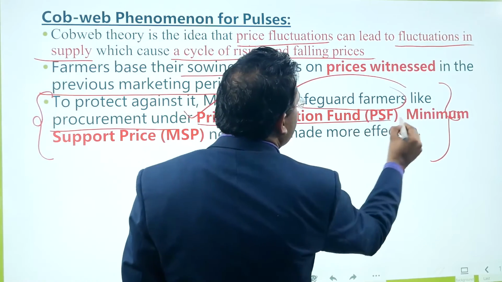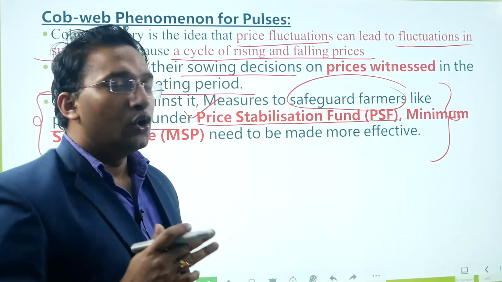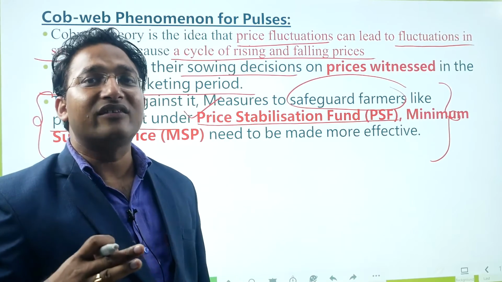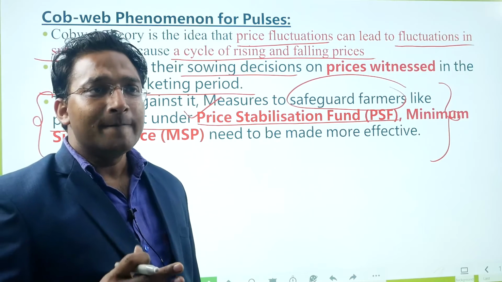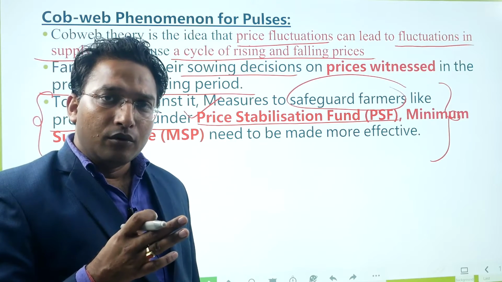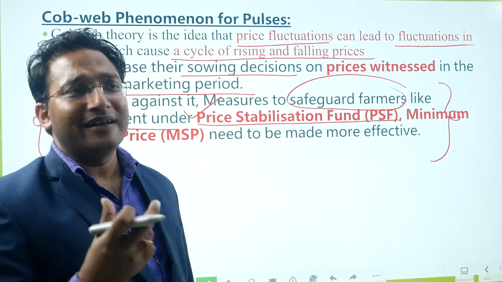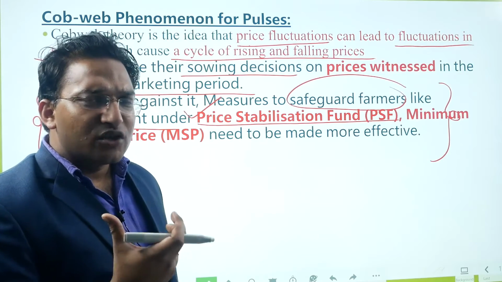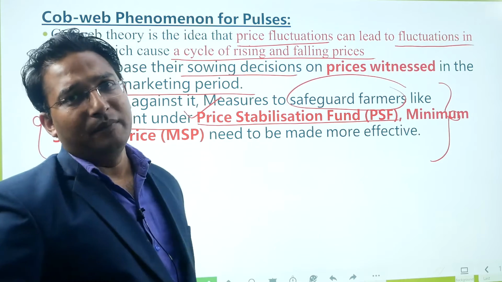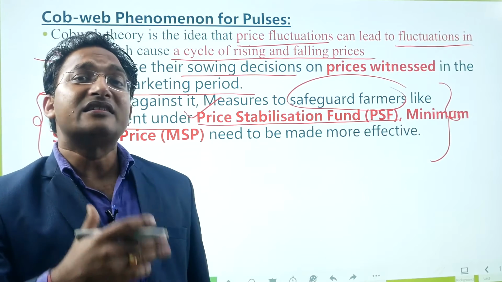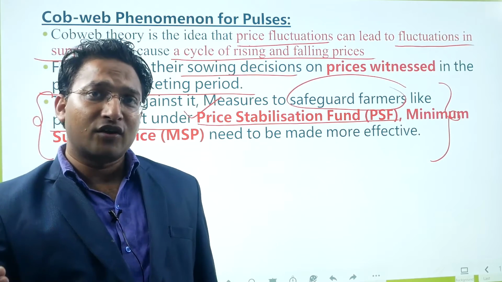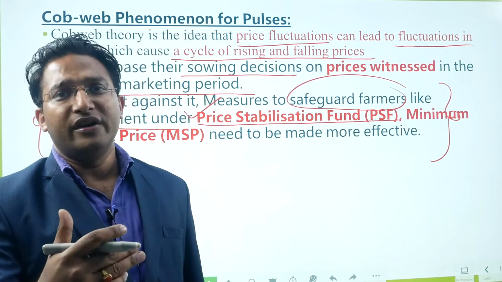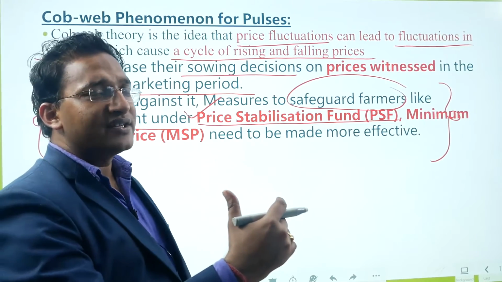This price stabilization fund is given to control the prices of the essential commodities. Under this fund, the government procures the perishable crops at a certain minimum price, and it sells the same agricultural commodities like tomato, onion, etc.